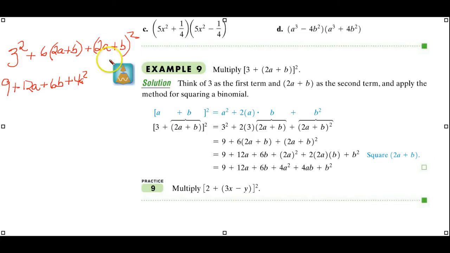Multiply these two together, double it, plus 4ab plus b squared. I kind of ran out of room there, but there it is. So not too bad. Again, it's recognizing this special one that they have here. And again, it's all there in your textbook.